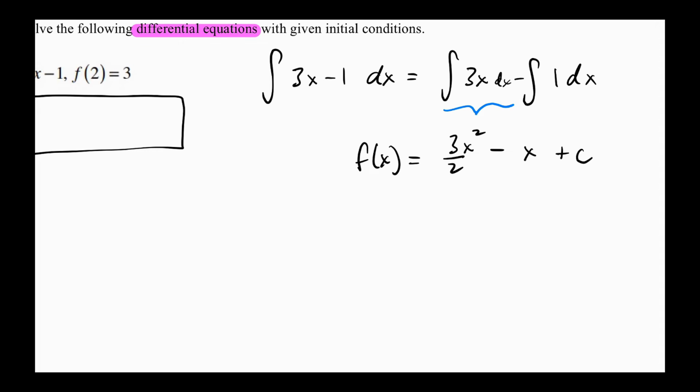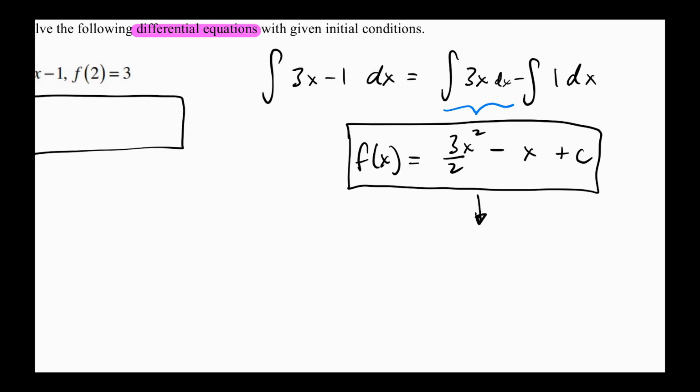So what that is called, another word for that besides the original, is the general solution. It's called a general solution. It's an answer, right? It's f of x, but it's not specific.